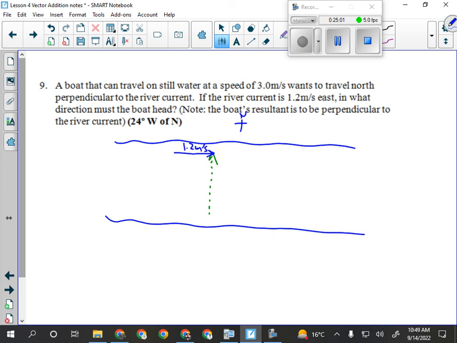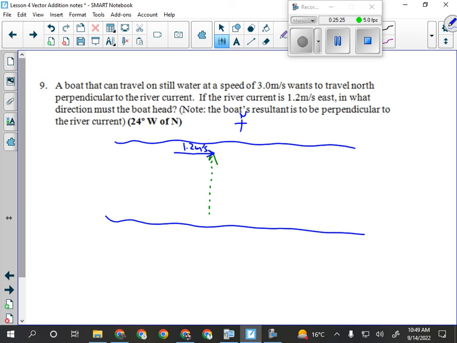Now, why did I just draw those two vectors head to head? Because north is where you want to end up, so if you were to draw it the other way, you would end up downstream. And because that dotted line is my resultant, it's got to connect the boat and the current. I haven't drawn the boat yet. I've just drawn the current.